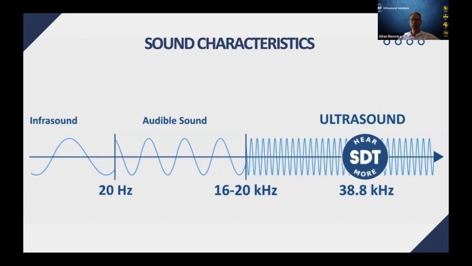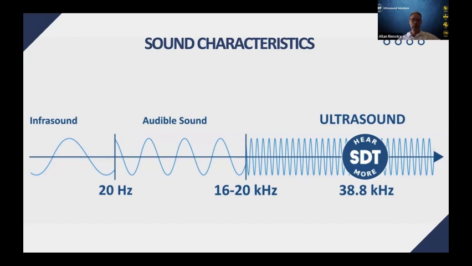Now, there's 3 characteristics of sound that explain to us why ultrasound is such a fantastic technology for finding all of the defects in our assets. If you look at this slide, you'll see that we've drawn out a sine wave, or a sound wave, to represent the wavelength of the different classifications of sound.